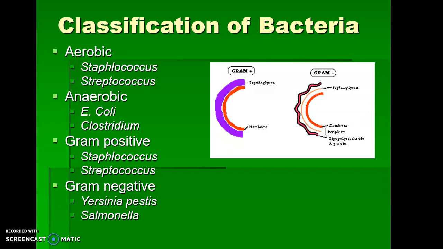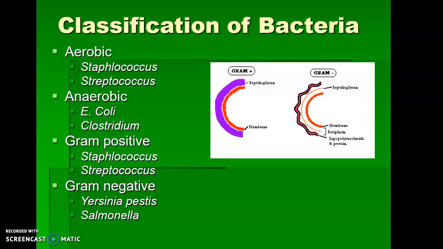But sometimes, depending on what we know about the type of bacteria that may be causing the infection, we may think it may be a couple of types of bacteria, or we don't know, and we want to make sure that we get a handle on this infection right away.